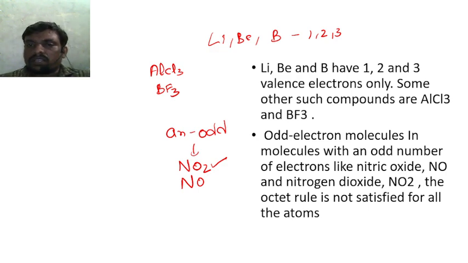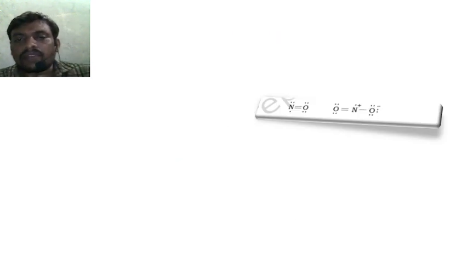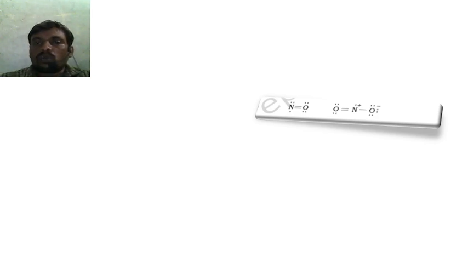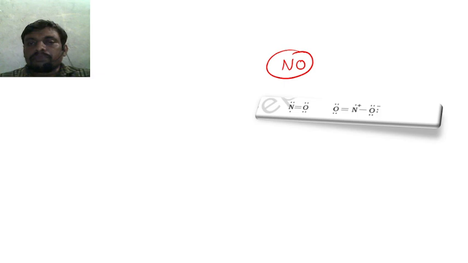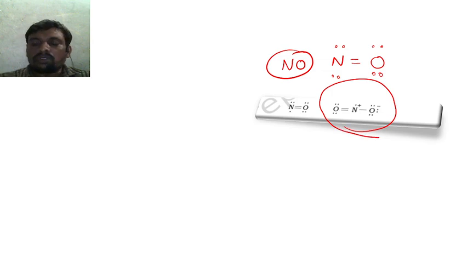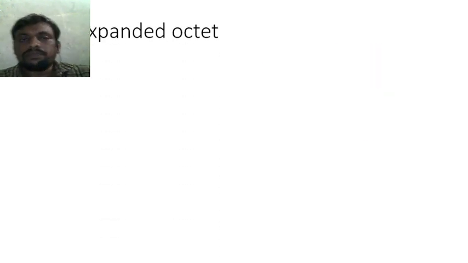The octet rule is not satisfied for these atoms. In fact, if you take NO, nitric oxide, octet rule is not satisfied. Why? Because nitrogen has a specific electron set and oxygen has a specific electron set. And NO2 also does not satisfy the octet rule.